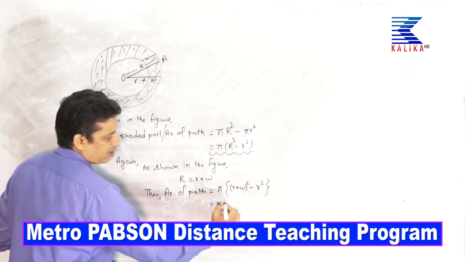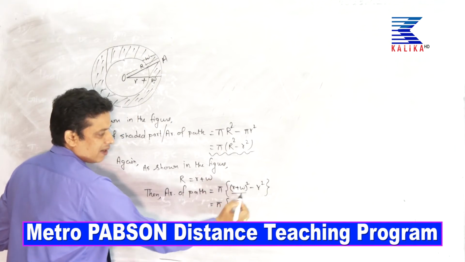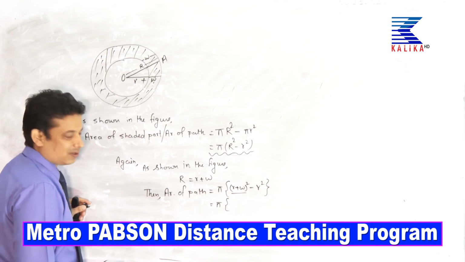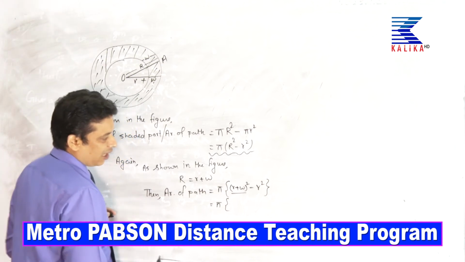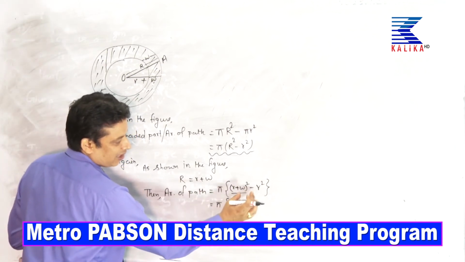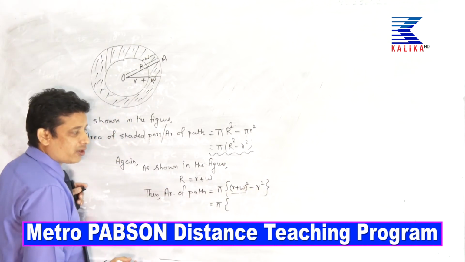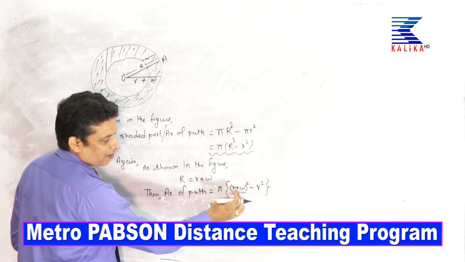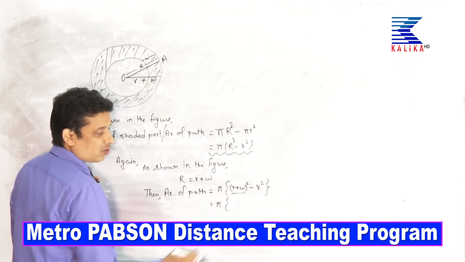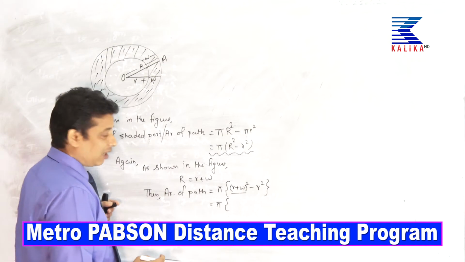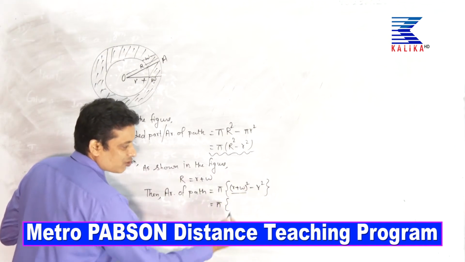Then pi is here. Can you expand it using a formula? You know, two different formulas are there. You can expand it using A square minus B square as (A minus B)(A plus B), or you can use the formula A square plus 2AB plus B square. Which one do you prefer? Let me use A square minus B square.